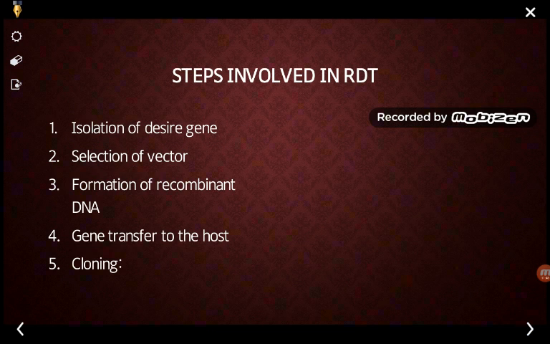Next, coming up to the steps which are involved in genetic engineering or recombinant DNA technology. What are the steps involved in recombinant DNA technology? RDT is the short form of recombinant DNA technology.